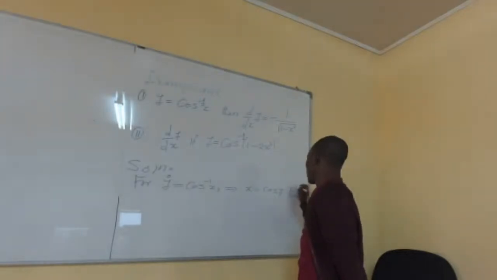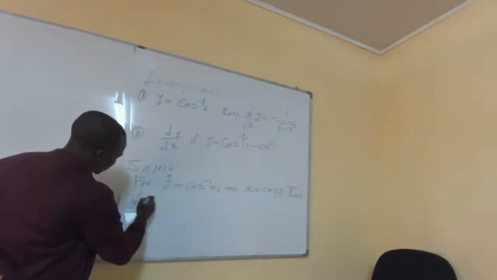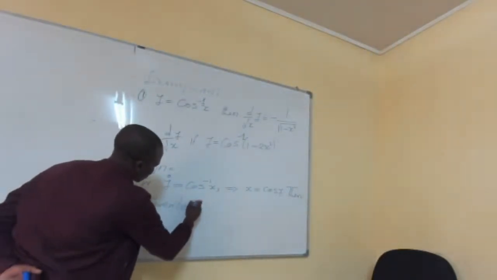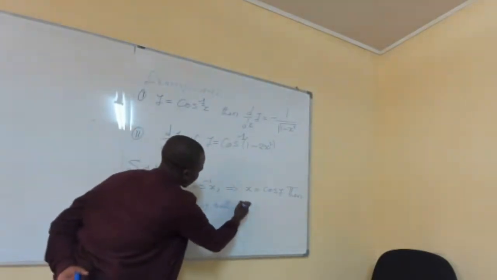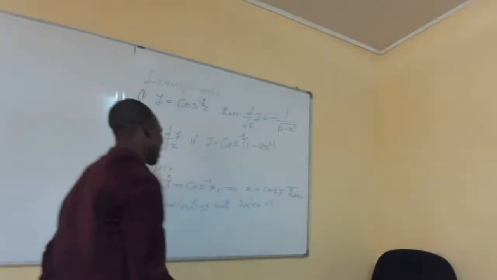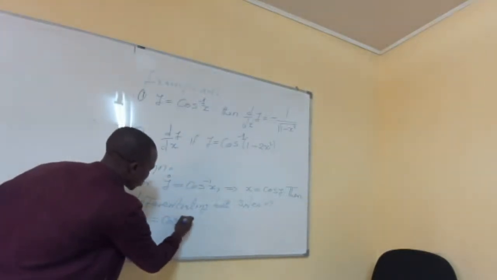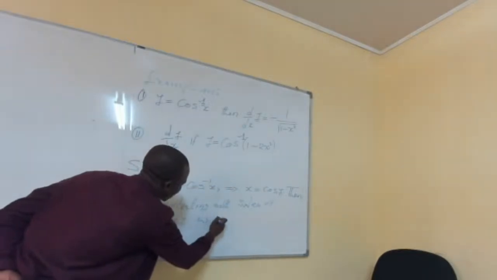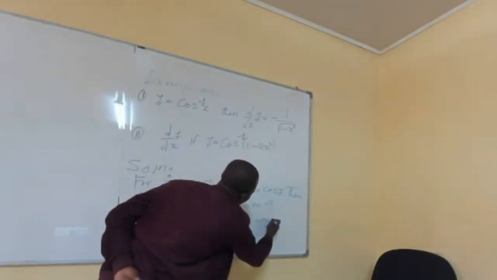Then, differentiating both sides of the equation x equal to the cosine of y, with respect to y, what do we get?